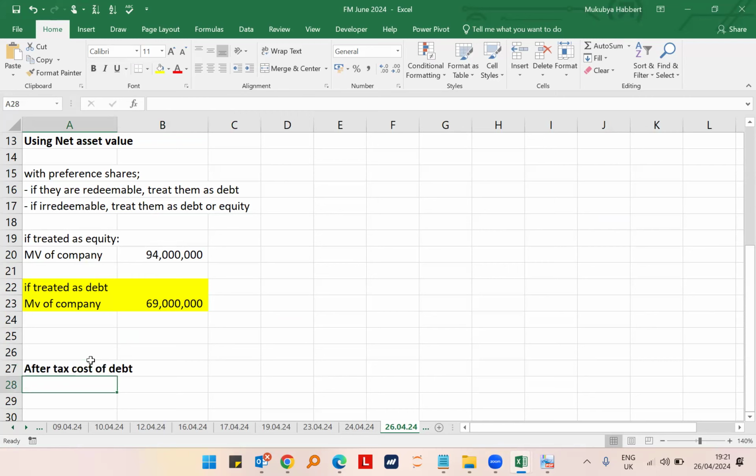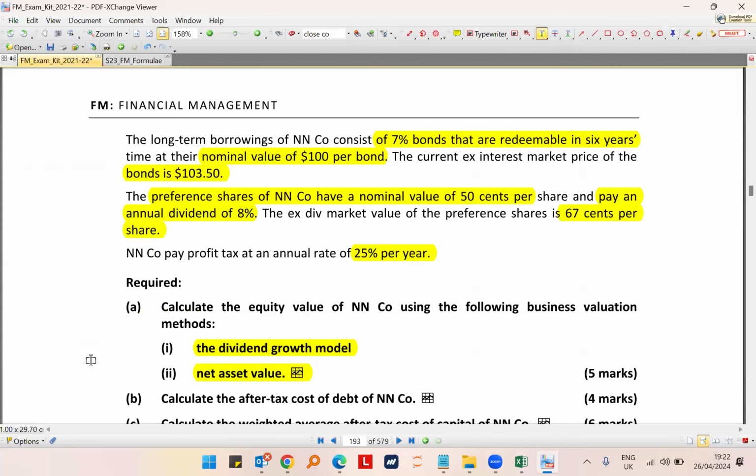we have, now these are redeemable. So if you say years, so year 0, okay, let's say, because remember we are trying to calculate the after-tax cost of debt.